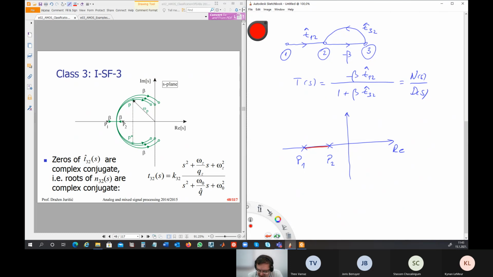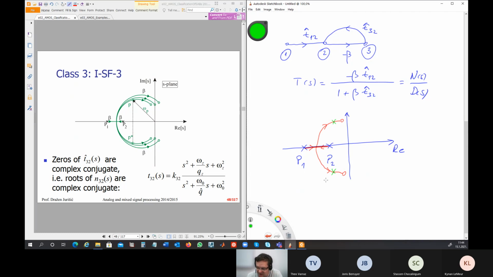But the correct place to put zeros may be somewhere here. Now we are still on the left side of the first or odd order characteristic value, and these things are going out. So if you try now to calculate the position of the obtained poles, they can be obtained here in the complex plane.